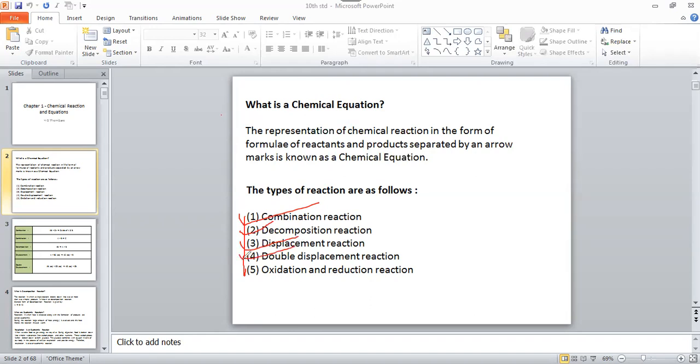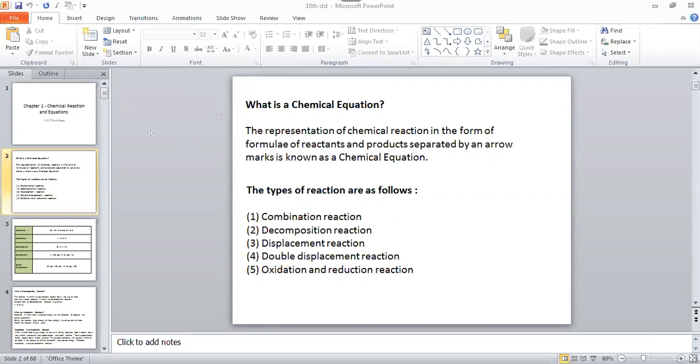Fourth is the double displacement reaction. And fifth is the oxidation reaction. So these are 5 types of reactions. We will study all these types one by one.